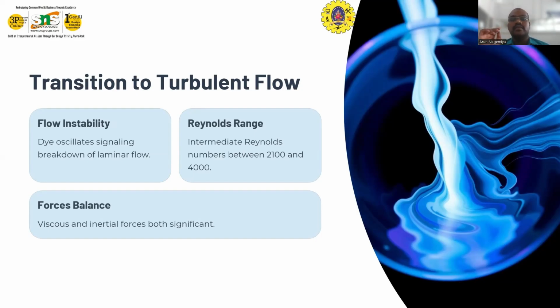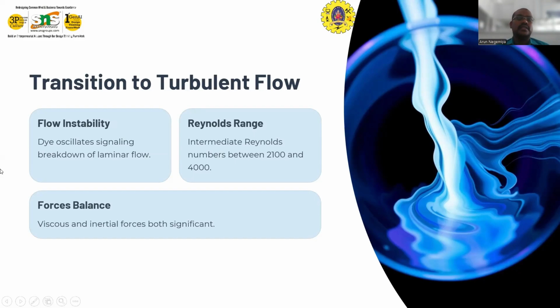In turbulent flow, the mixing of one flow with another is very high, and it has high energy dissipation. Examples of turbulent flow are water flowing through a river, air surrounding a plane, and smoke rising from a cigarette.